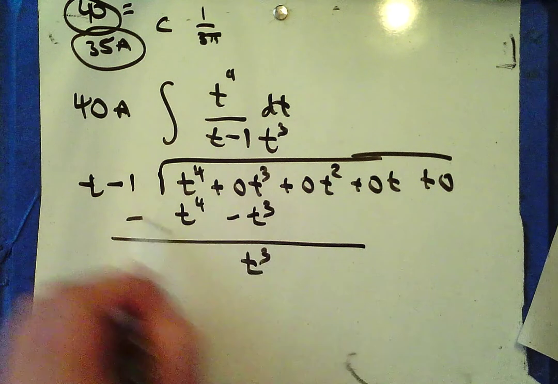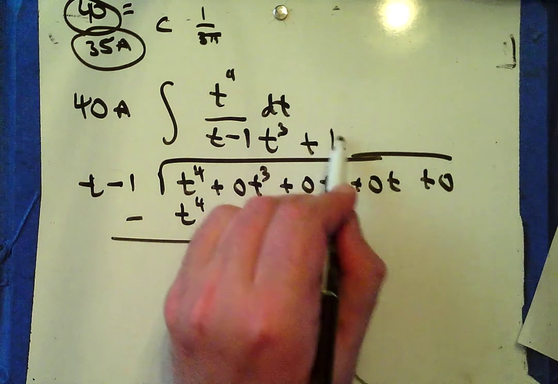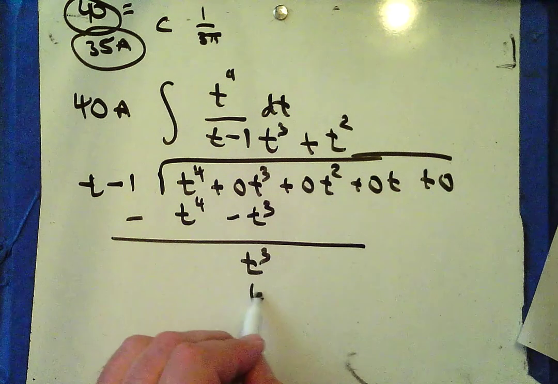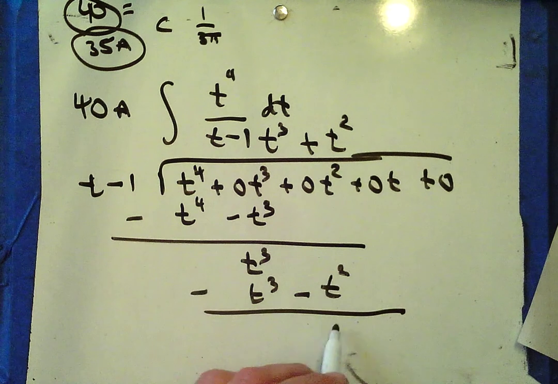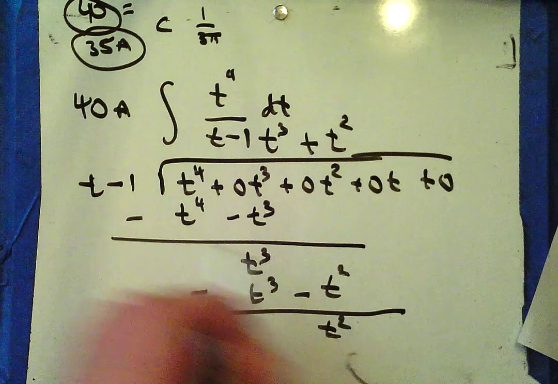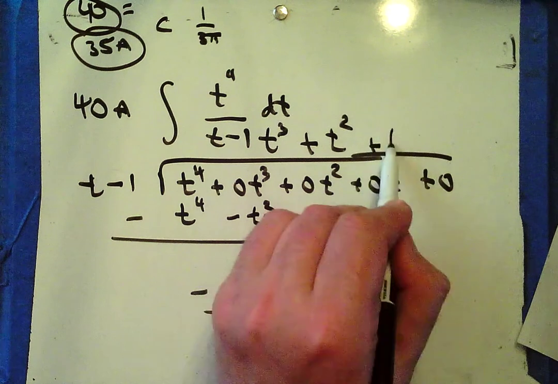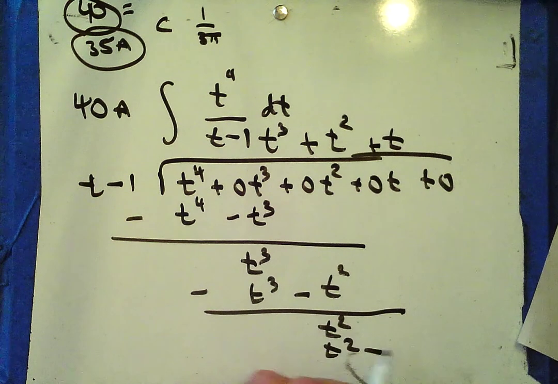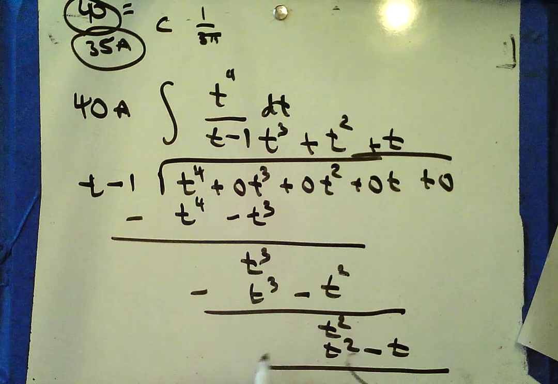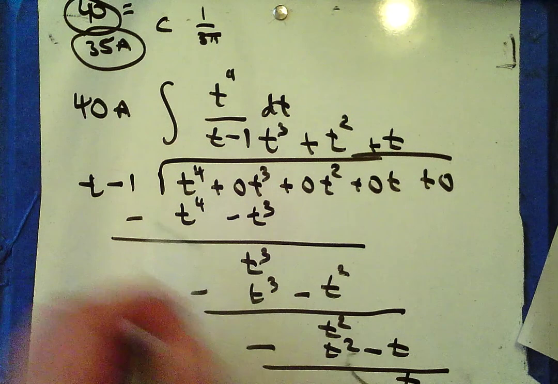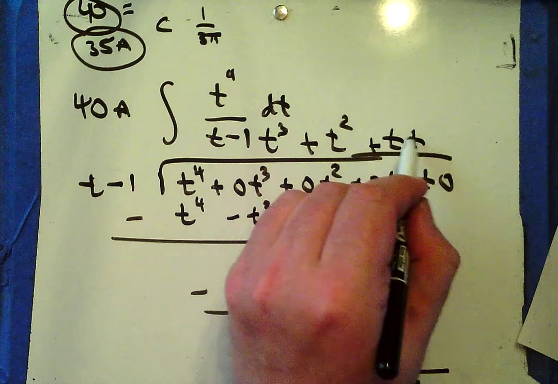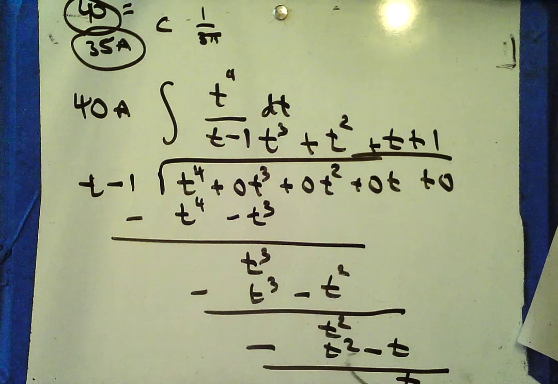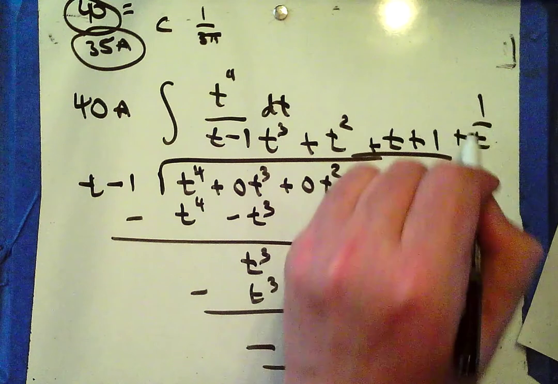I get t to the third, which is t squared times t minus 1, so t to the third minus t squared, and I subtract, and I get t squared, which is t times t minus 1, so t squared minus t, and I subtract, and I get t, and I get plus 1, and I get t minus 1, and I subtract, and that's 1 over t minus 1 remaining.